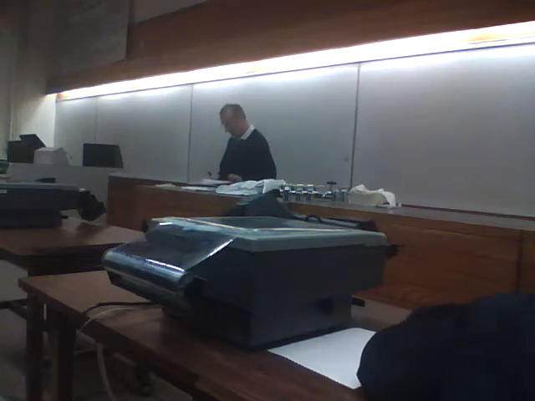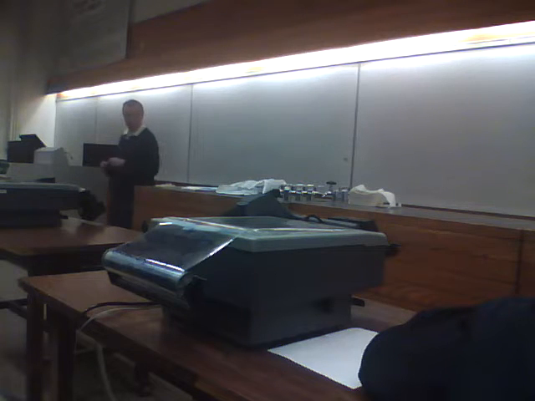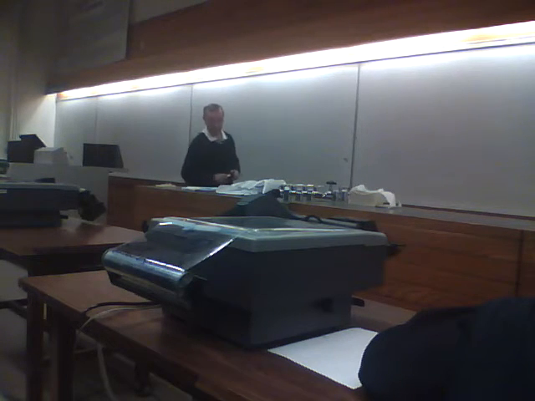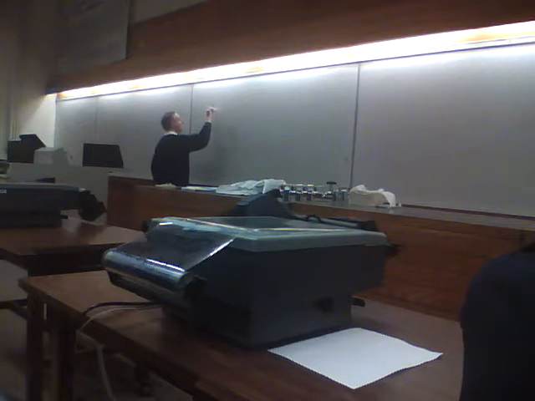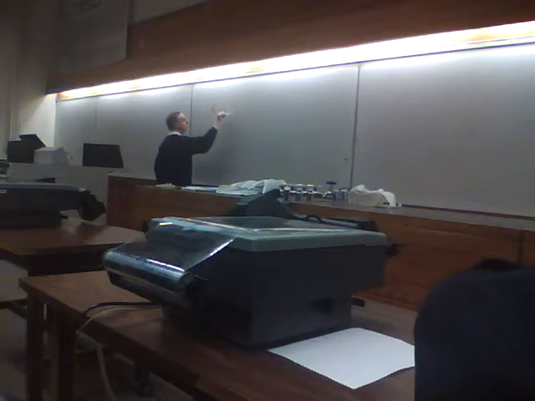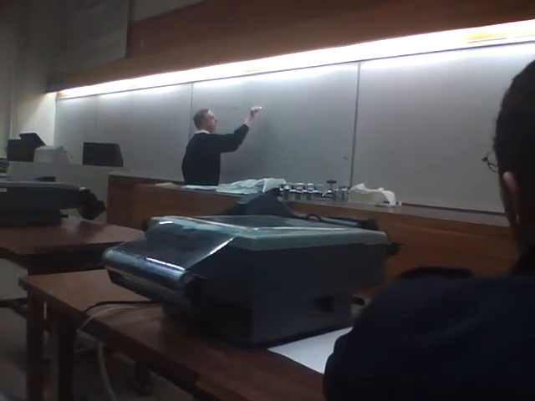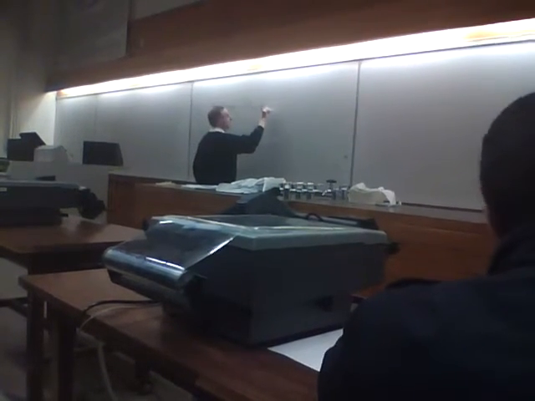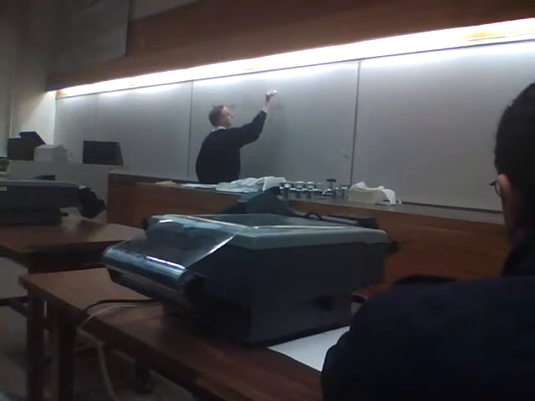What I want to do now is to tell you how to oxidize an alcohol right up to the level of a carboxylic acid. Let me refresh your memory: if you have an alcohol and you oxidize it, the first thing you get is the aldehyde.